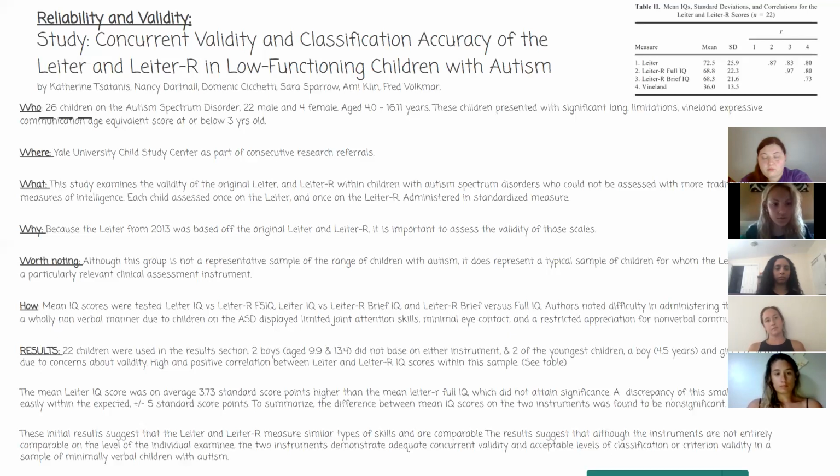So the initial results suggest that the Leiter and the Leiter-R measure similar types of skills and are comparable.